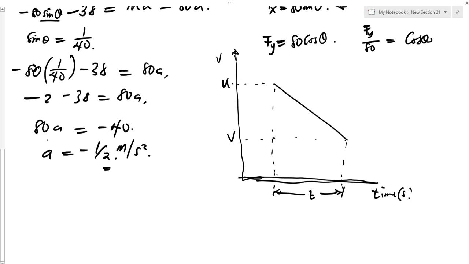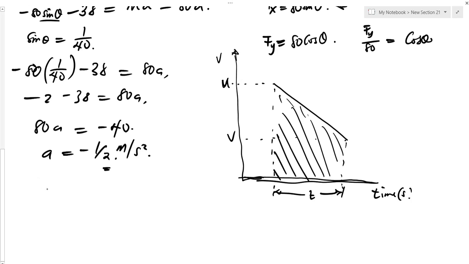To get the distance, it will be the area of this shaded portion, and this is a trapezium. So for a trapezium, you use the area of a trapezium to find the distance that the body will travel.